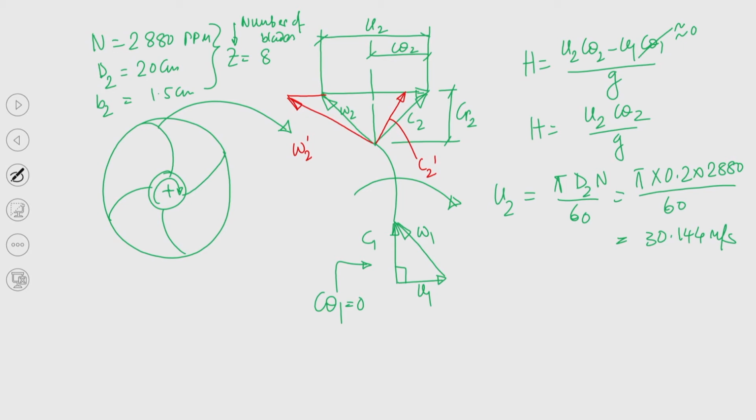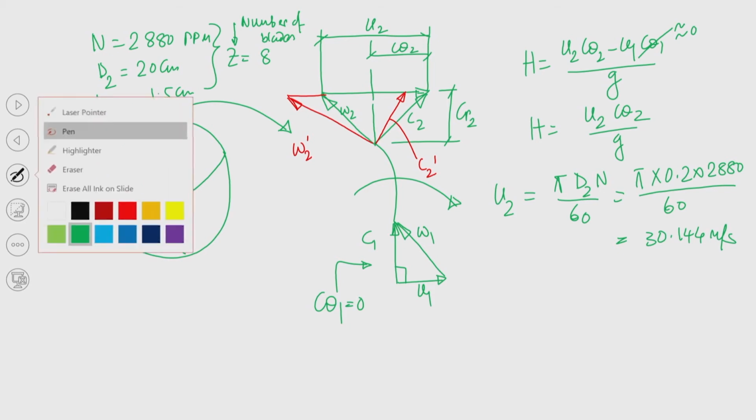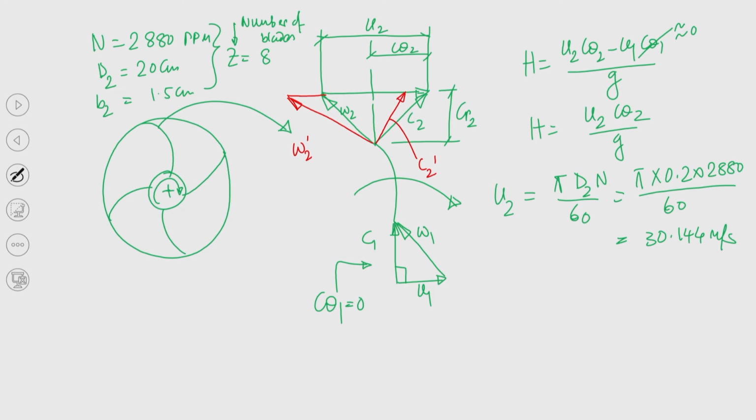So, we have calculated U2, but mind it, for this particular problem we cannot straightaway use C theta 2. In this case we should consider C theta 2 prime, the actual swirl velocity at the outlet, and that is because of the statement we have seen in the problem definition.